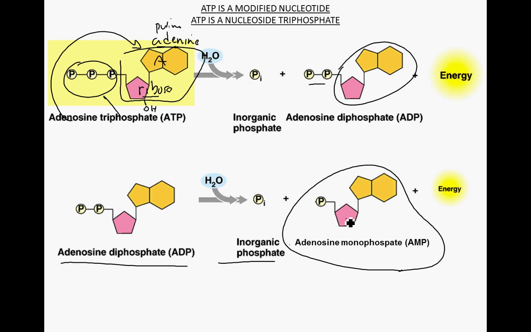This is a sugar, a phosphate, and a nitrogenous base. So AMP is really a nucleotide. Now, you may come across this term nucleoside. A nucleoside is something like adenosine. So adenosine is a nucleoside.